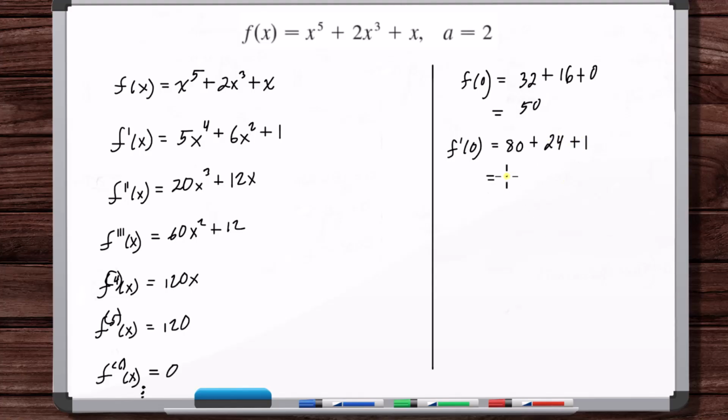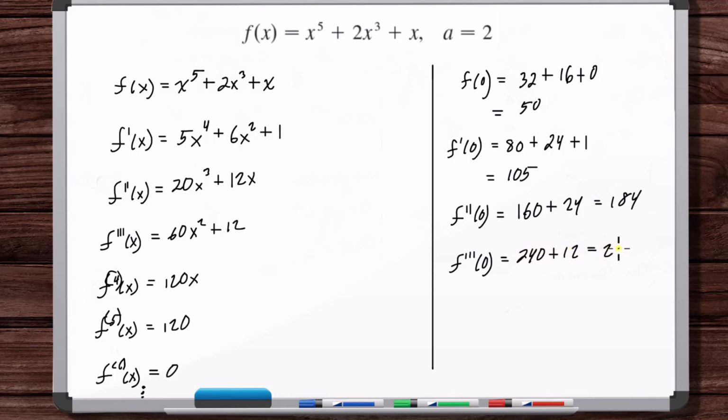Okay, 104, 105. All right. So 2 cubed is 8. 8 times 20 is 160, plus 24. Okay. 2 squared is 4. 60 times 4 is 240. Okay.